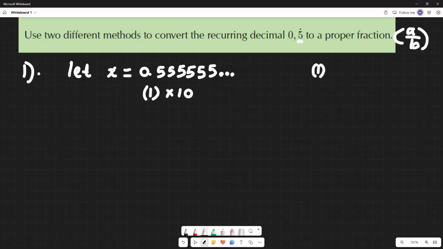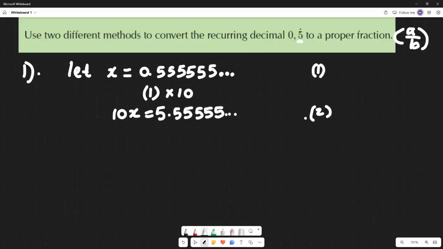So this side, multiply by 10, you get 10x. And then this side, the decimal point will move if you multiply that by 10. So you're going to have 5.555555. You always show the three dots that this is still recurring. And then this is equation number 2. Then you always say 2 minus 1.